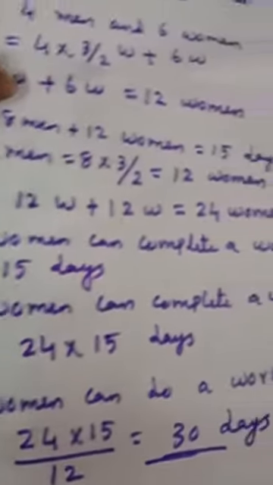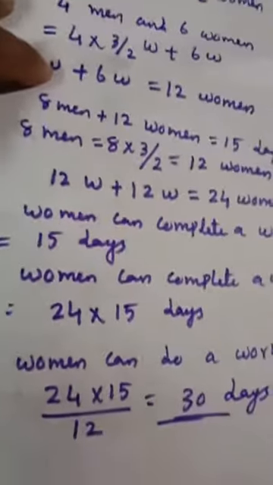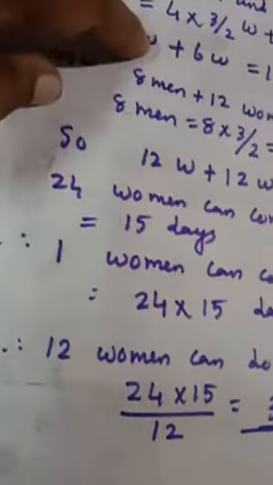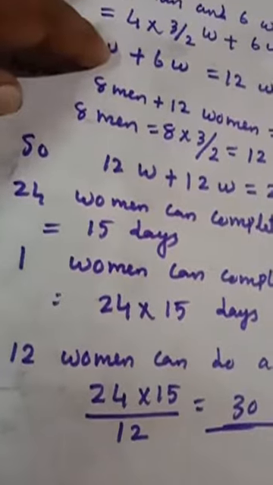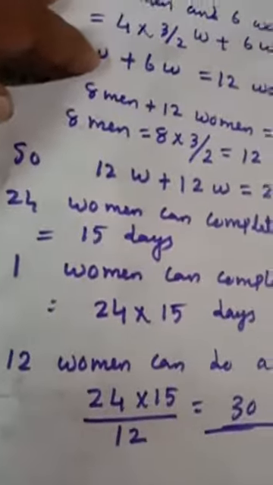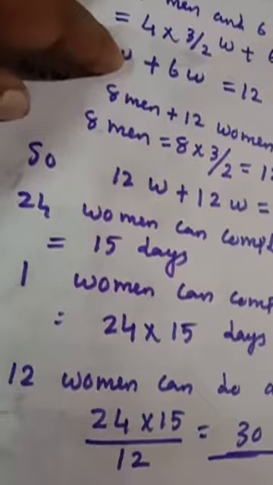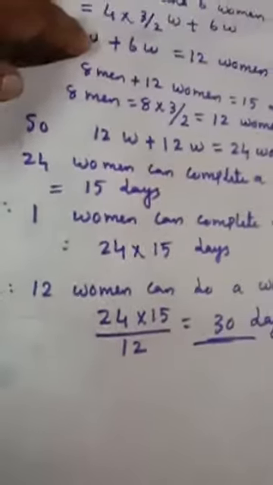So 1 woman can complete the work in 24 into 15 days. Here it is multiplication, because 24 women can complete a work in 15 days. If there is only 1 woman, she needs more days. So 24 into 15 days.